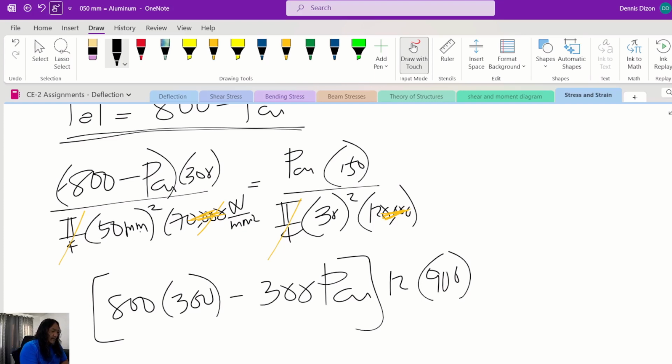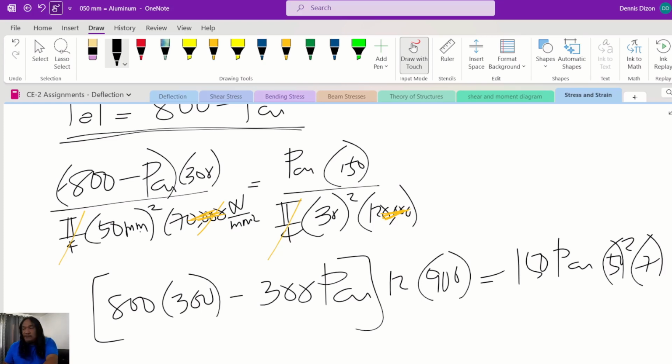And then the opposite would be 150 PCU times 50 squared times 7. So simplify. This is 800 times 300 times 12 times 900, which is a really large number, 2,592,000,000.